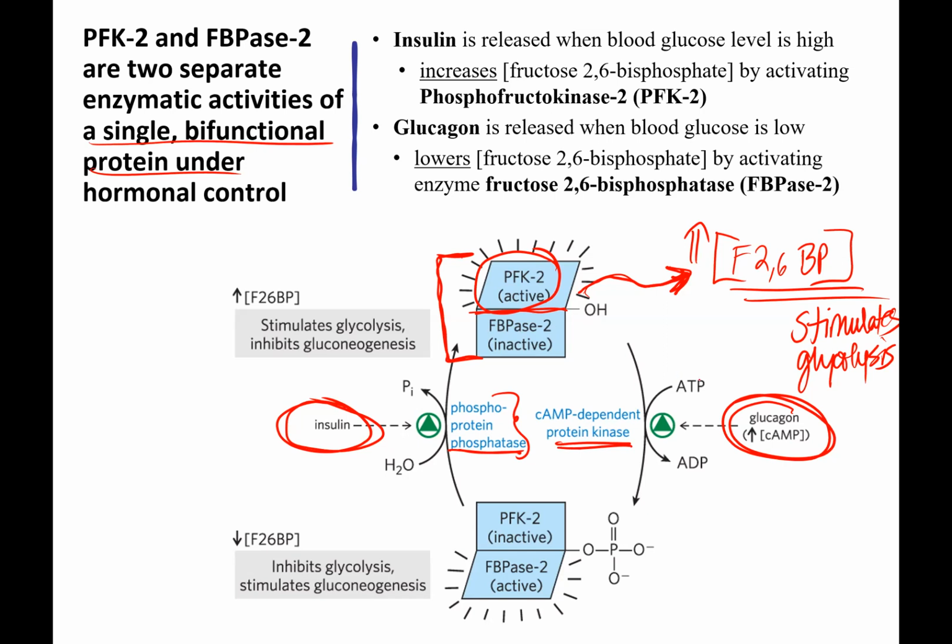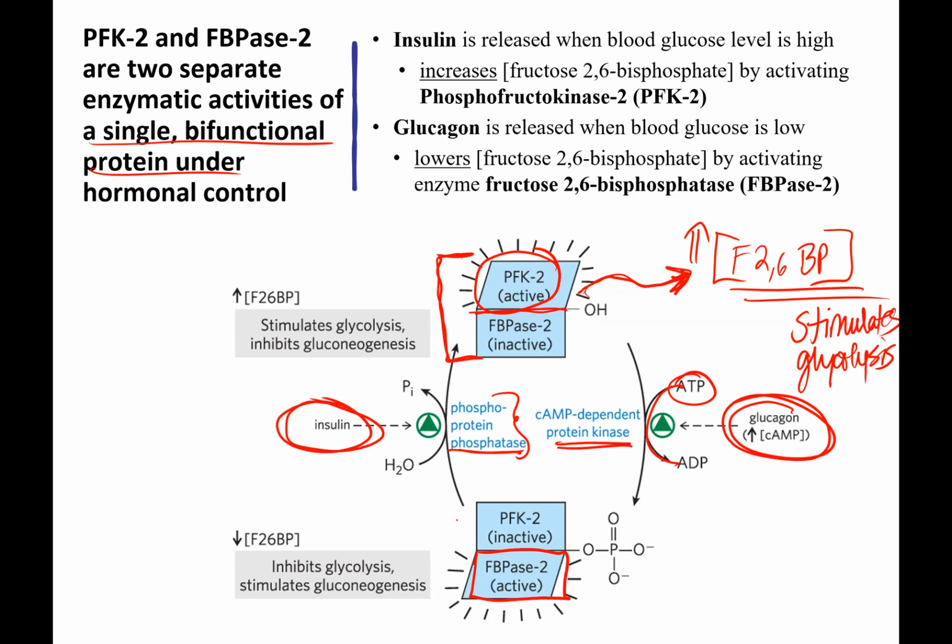It uses ATP to phosphorylate our bifunctional enzyme. When phosphorylated, note the presence of a phosphoryl group here, right? It's a particular serine residue, but whatever. Now FBPase2 is active.